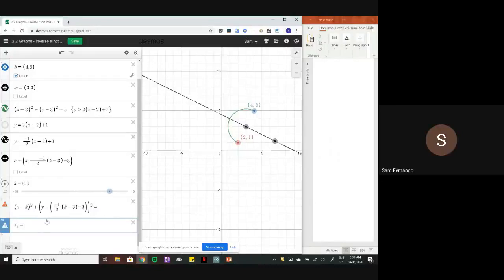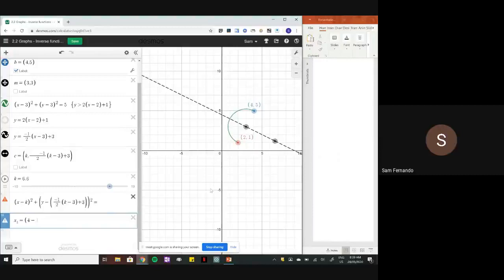The X distance is going to be, we'll just do it from the top point B here, 4 minus K, because this is that X value coordinate K, and so the distance from here is 4 minus K. And we're going to square it, so it doesn't matter if it's K minus 4 or 4 minus K.